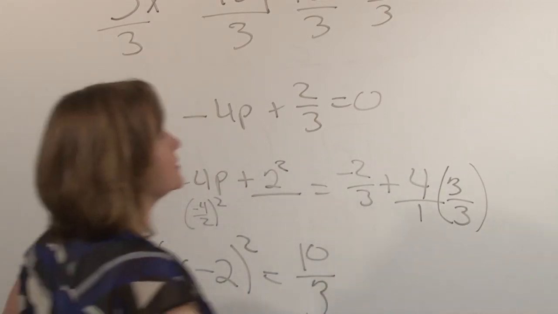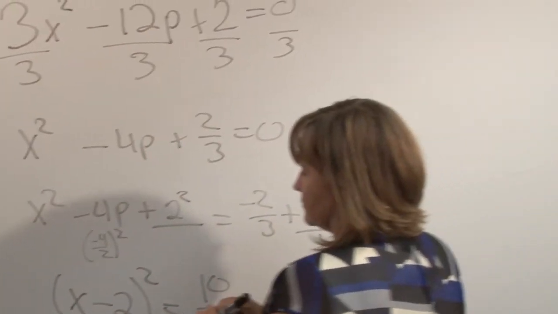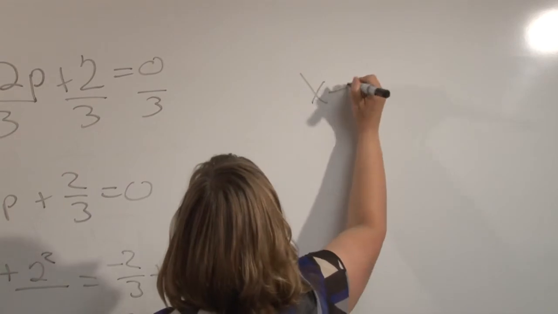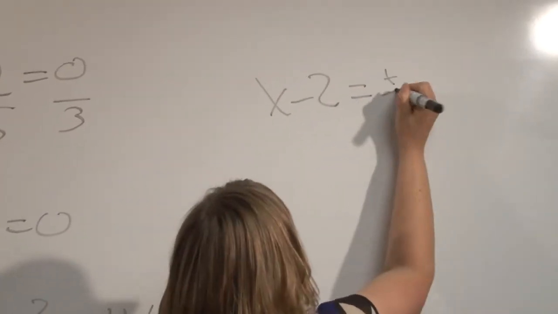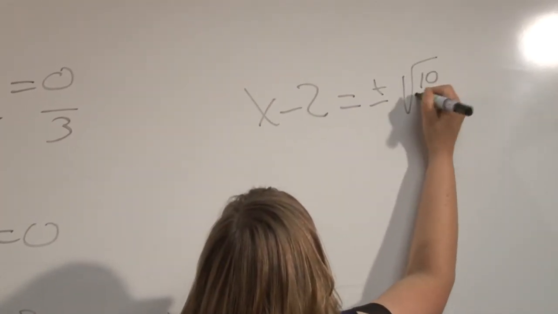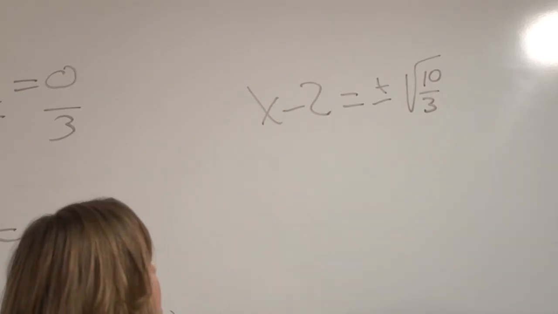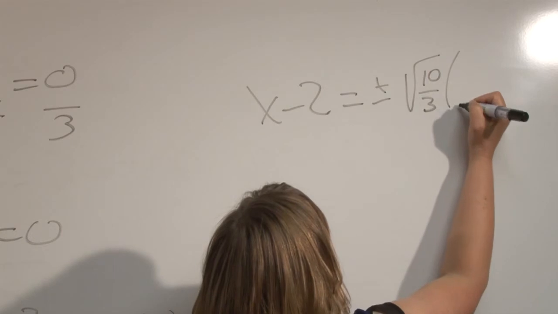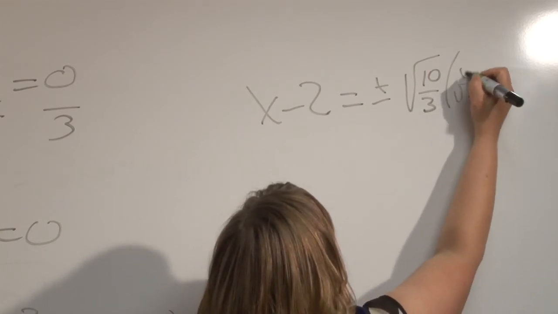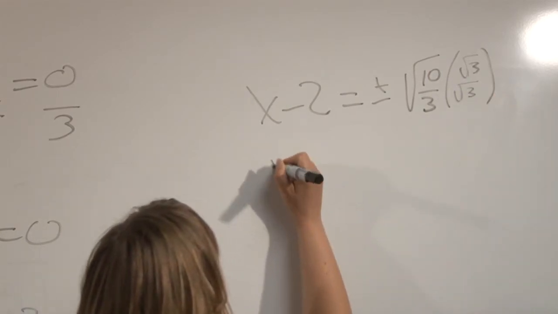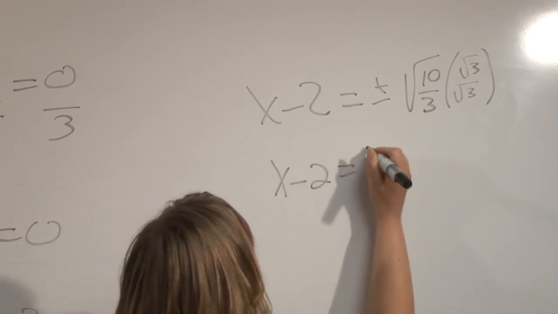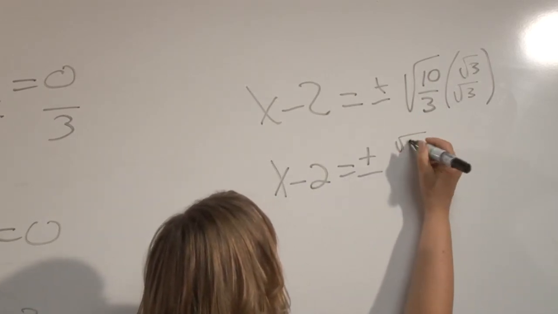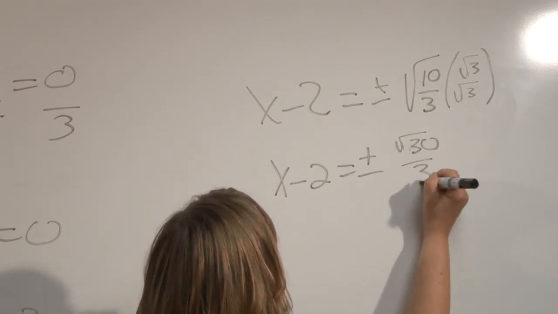Now I can go ahead and take the square root of both sides, which will leave me with my x minus 2 equals positive and negative square root of 10/3. We're not allowed to leave a radical under a denominator, so I'm going to multiply top and bottom by the square root of 3. And x minus 2 equals the positive and the negative square root of 30 over 3.